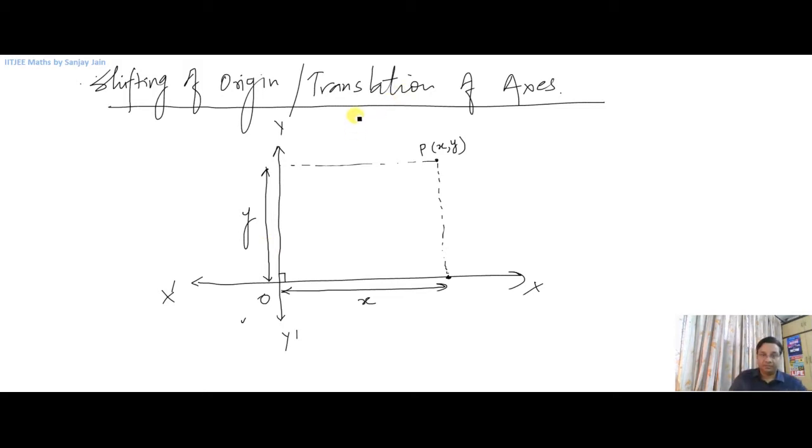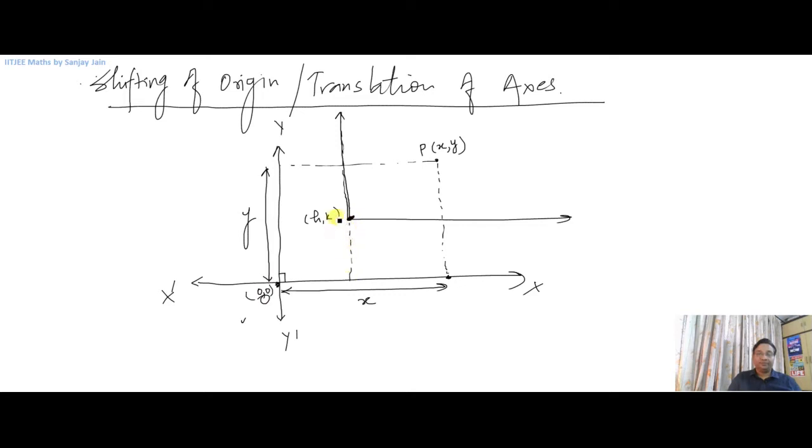So now let us say I shift the origin to this place, or let me name this new origin as h comma k. So I am shifting this origin which was 0 comma 0 to a new place which is h comma k.